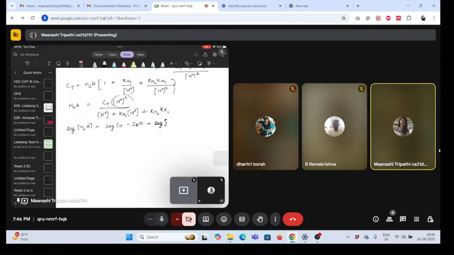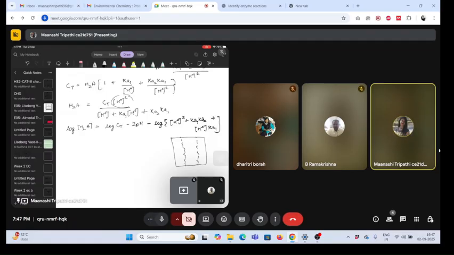Minus log of H plus square plus H plus Ka1 plus Ka1 Ka2. Now here we will get two values of Ka. So if we draw a rough diagram here, we will get one pKa1, the other pKa2.